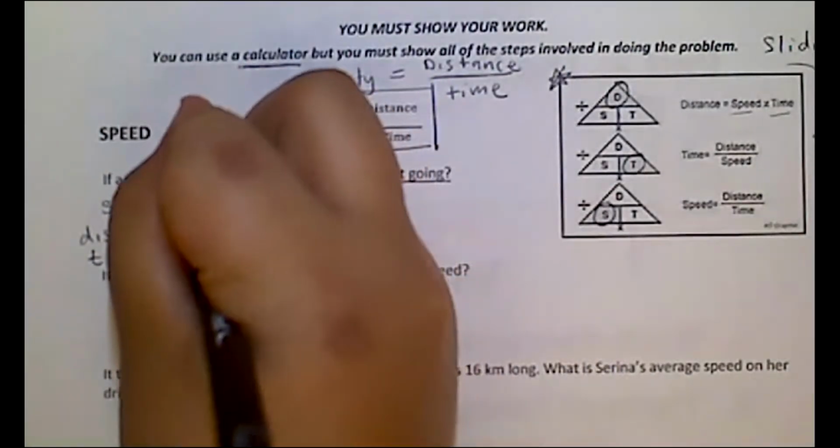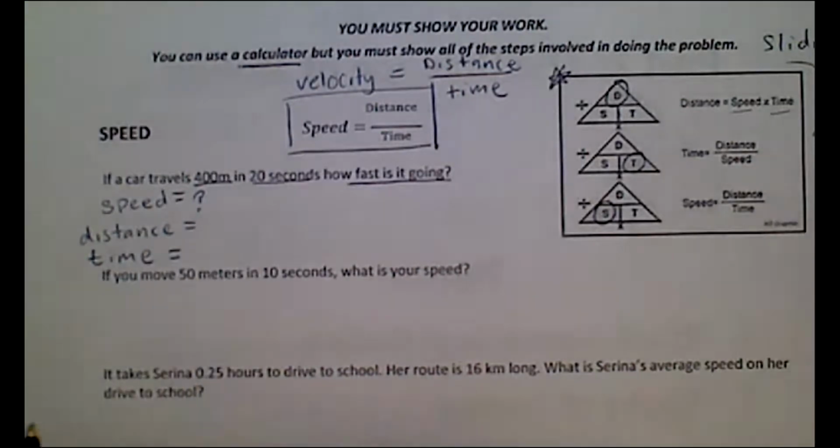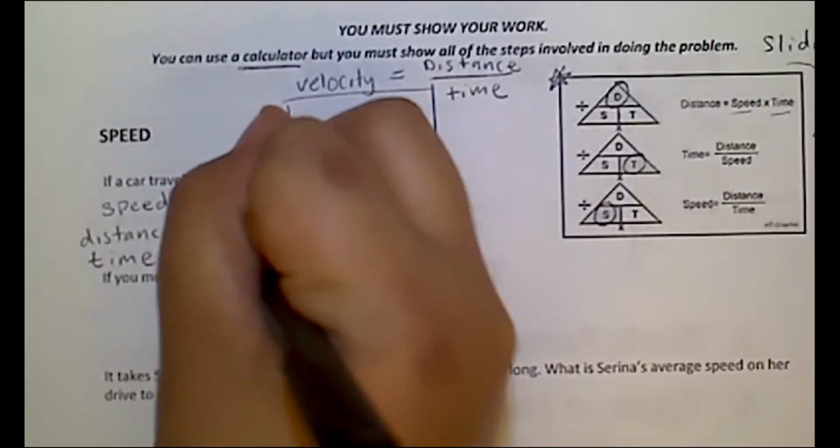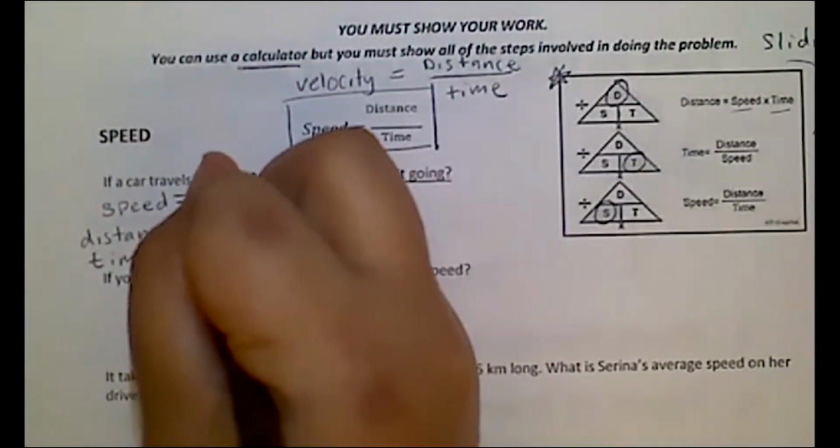No. So I'm just going to put a question mark, or you could put an X if you want, for your missing variable. Do I know my distance? Yep, 400 meters. Someone said in the chat. And then my time is 20 seconds.